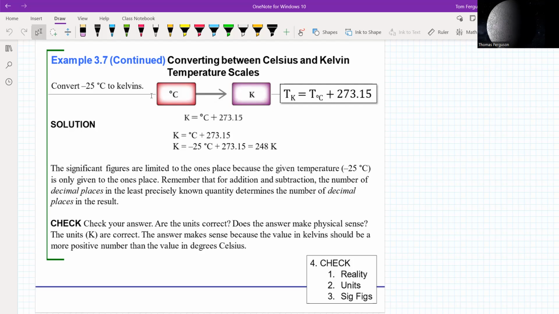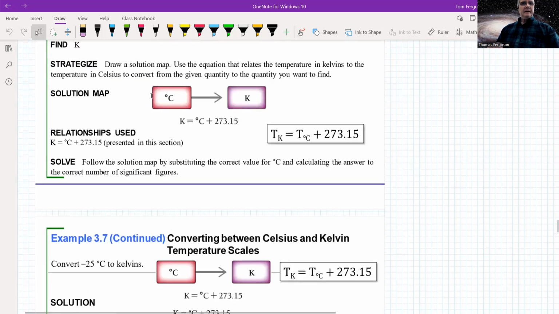If I give you something in Kelvin to convert it, you just add 273.15. If I give you something in Celsius, to convert to Kelvin you subtract 273. So the magic number here is 273.15. It's not even an algebraic relationship. It's just a simple difference between the two.